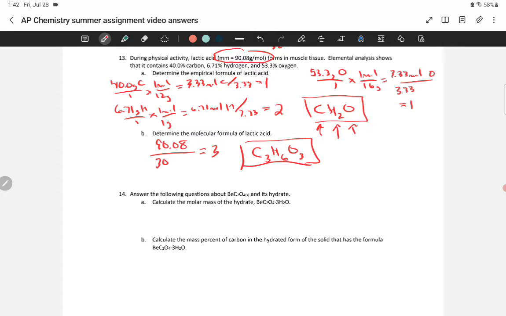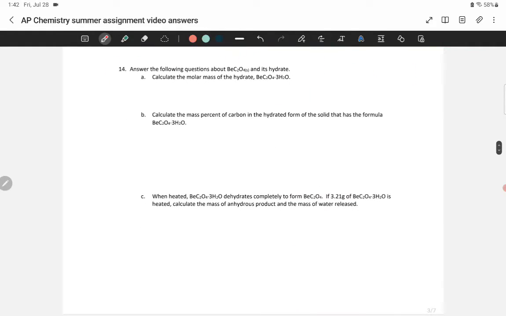Okay. 14. Molar mass. I think you guys should be pretty good at calculating molar masses. You have to go to the periodic table and find 1 Be, 2 carbons, 4 oxygens, and then 3 waters, which would be 3 times 2, 6 hydrogens, and 3 times 1, 3 oxygens.